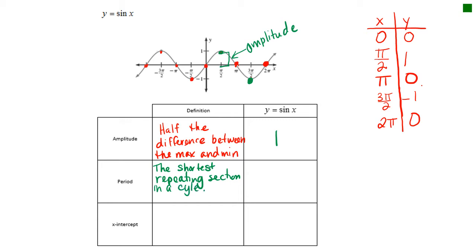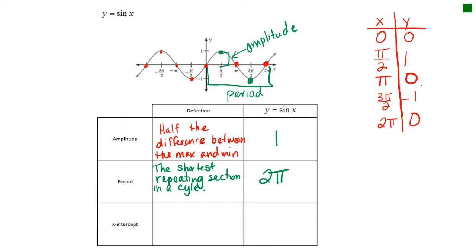So for ours, I start at 0, 0. I go up to 1. I go down to -1, and then I go back to 0. So from here to here is my period, and it's the length of that. And in our case, it's 2 pi, because that's how long it takes us to get around the whole circle. A circle is 2 pi.